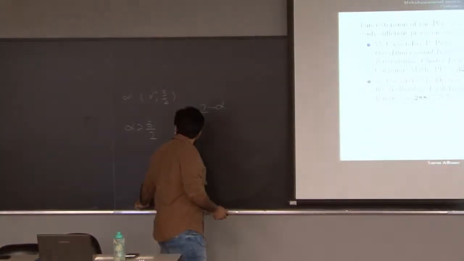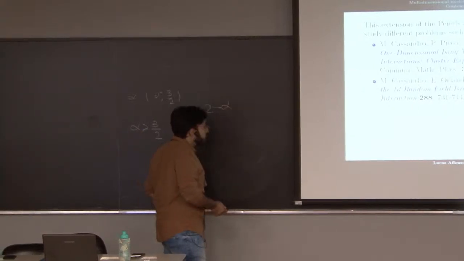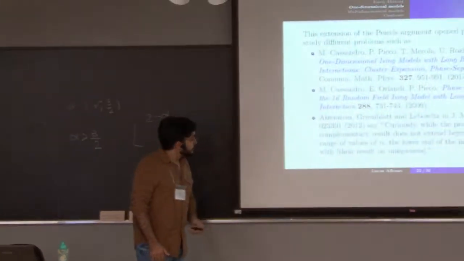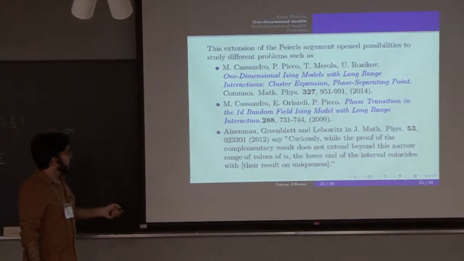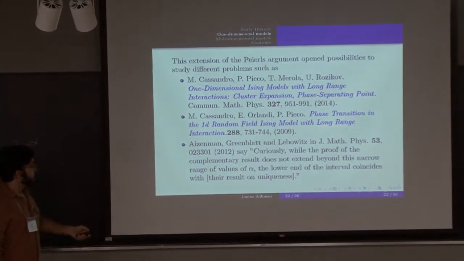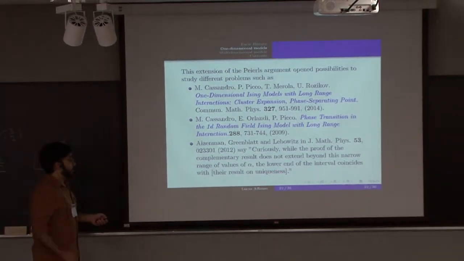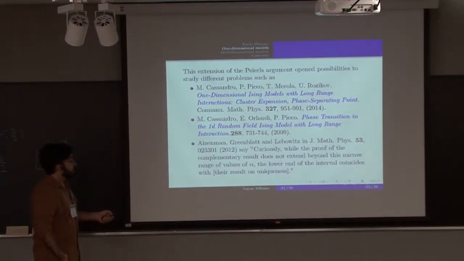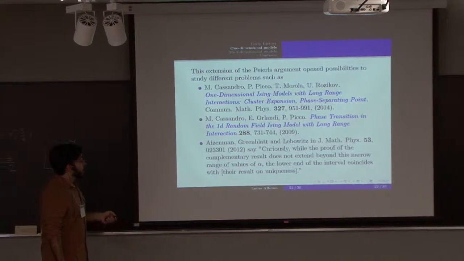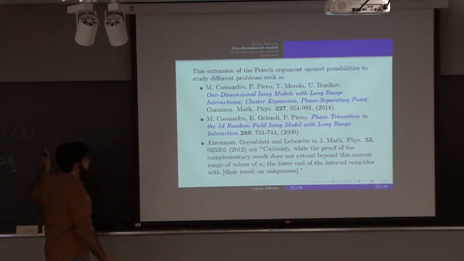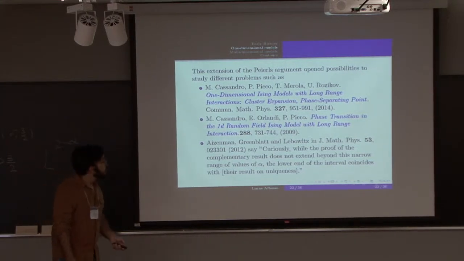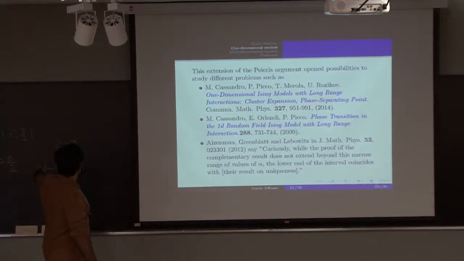So here is equal. Okay. And this was noted by Aizenman, Greenblatt, and Lebowitz, where they said exactly what I told you: it's curious because although they cannot reach the whole region of the intervals, they can get to, let's say, the critical value.